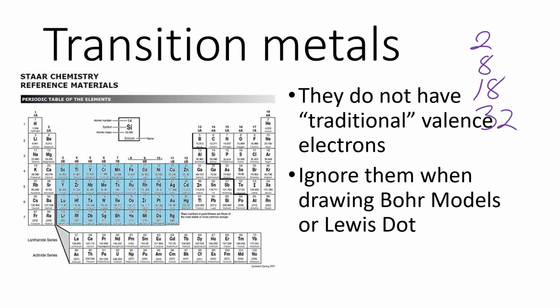So what they will do is they'll go to 2, 8, and then 8, and then they'll start adding to a third row up till they get to 18. So we're not going to worry about those just yet. Just keep those out of your mind.